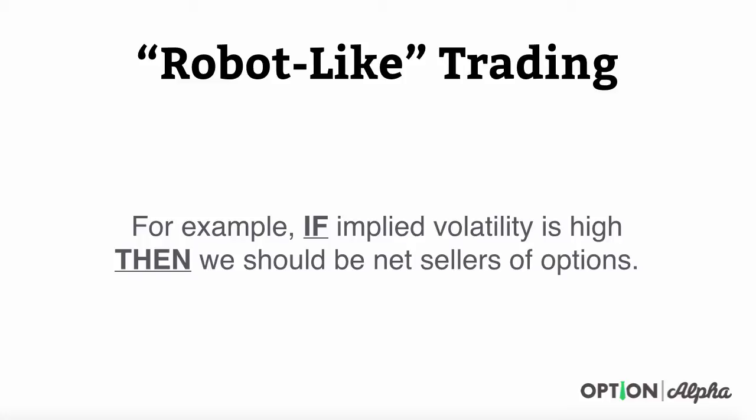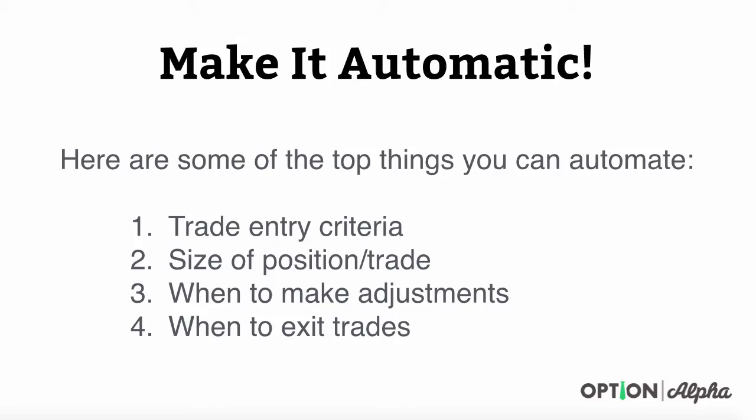No matter how good the trade looks, no matter how beautiful the setup is, no matter how many technicals you're using that all point to the same thing, if implied volatility is high, then we should be net sellers of options. So it helps narrow our focus to the strategies that are just suited for high implied volatility markets. So I always say make it automatic. As many things as you can automate in your life, not only in trading, but in your life, the better off you're going to become.